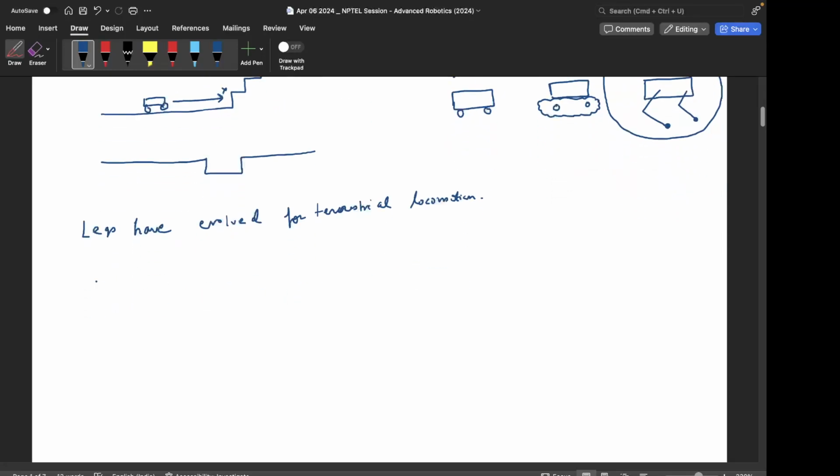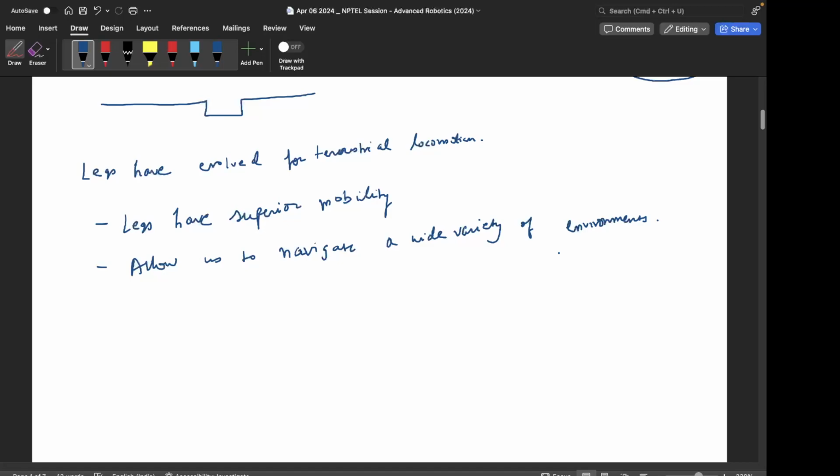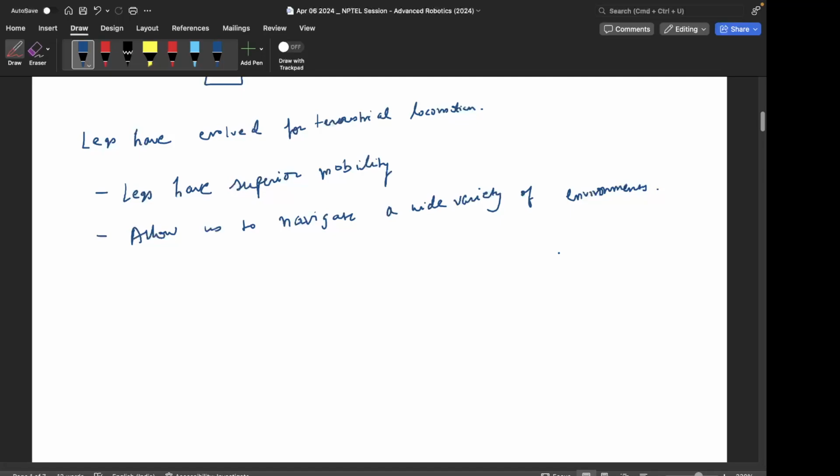So legs have superior mobility and basically allow us to navigate a wide variety of environments, and that's what we want a robot to be capable of, because if we are building a robot, then it should be capable of going into different scenarios and helping, either replacing a human being in a dangerous or risky task, or supporting a person in such scenarios.